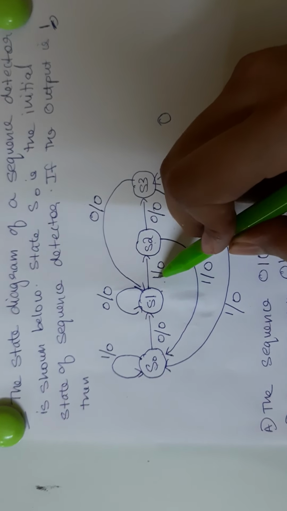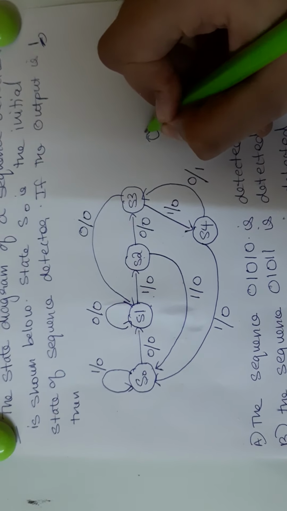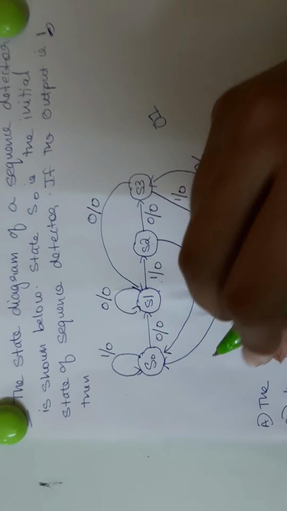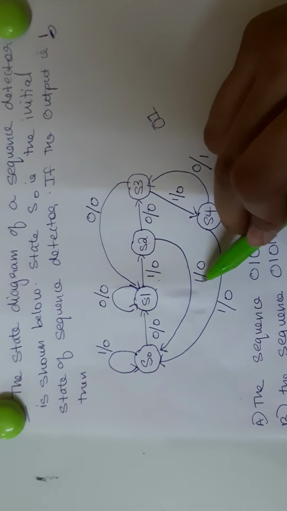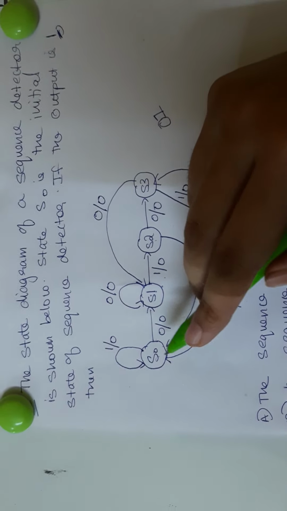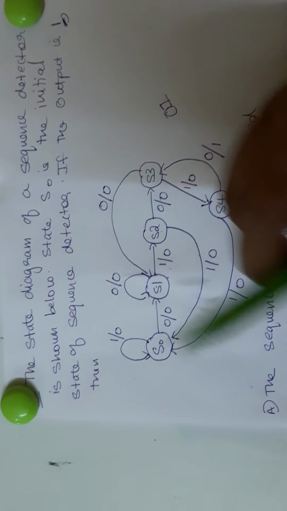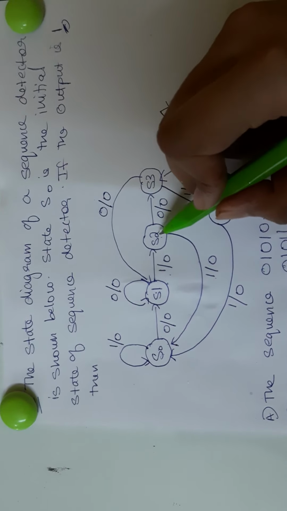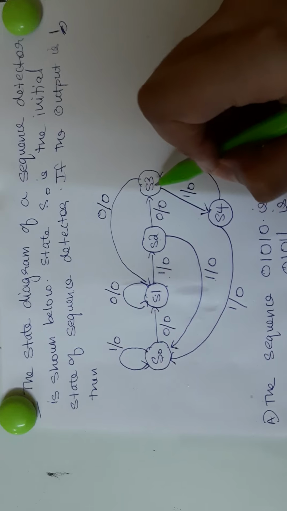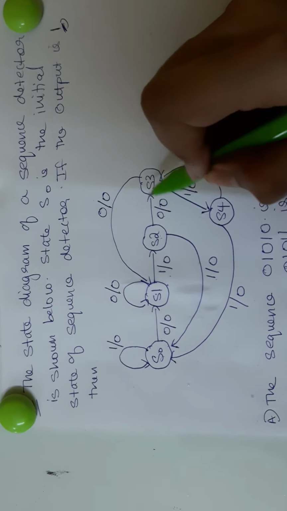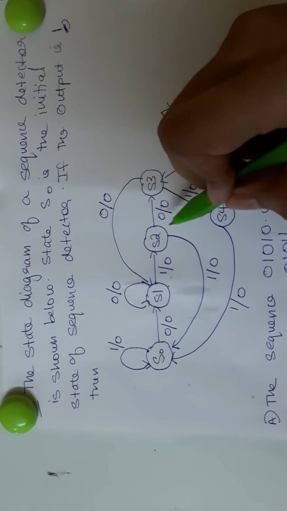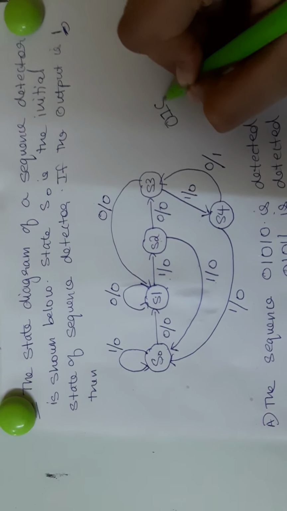So my next bit should be 1 to move from S1 to S2. Same way at S2, if my input is 1, it will go back to S0, and if it is 0, only then it will go to S3. So my next bit should be 0 again.